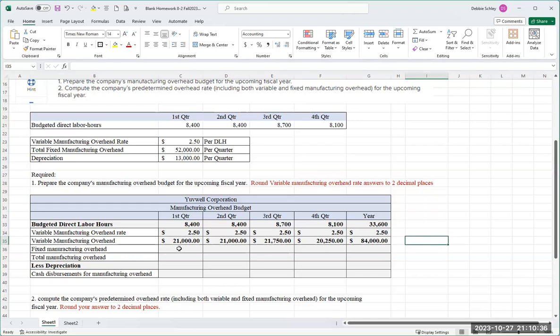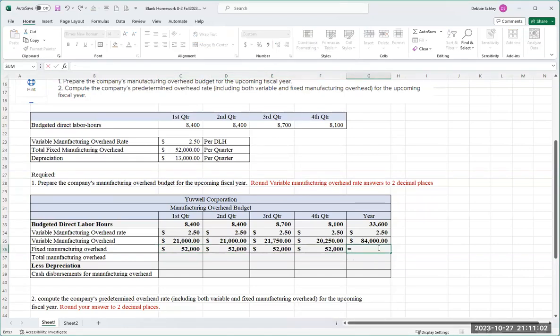Fixed manufacturing overhead. That is a number that they gave me. Total fixed manufacturing overhead. That is a fixed cost per quarter. And so it is going to be the same each quarter. So first quarter, second quarter, third quarter, fourth quarter. And then for the year, it is going to be the total of those because it is each quarter.